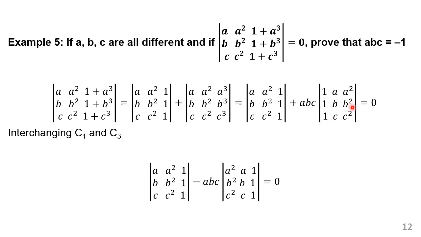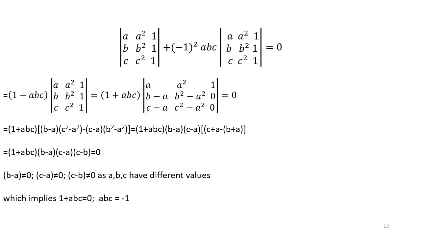Now we will interchange the third column and the first column. When we interchange the third column with the first column, the first determinant remains as it is, and here it becomes minus: minus ABC times the determinant of A square, A, 1; B square, B, 1; C square, C, 1, equal to 0.